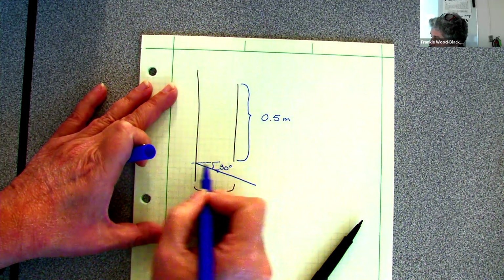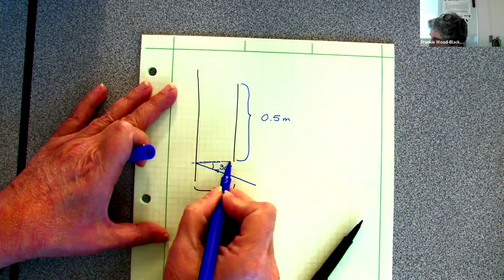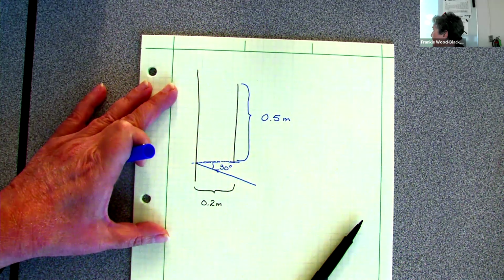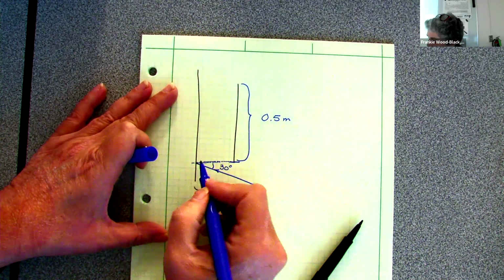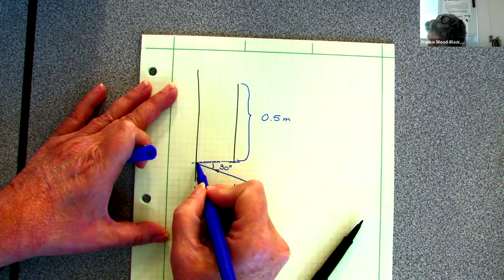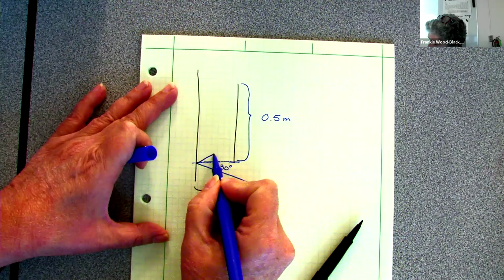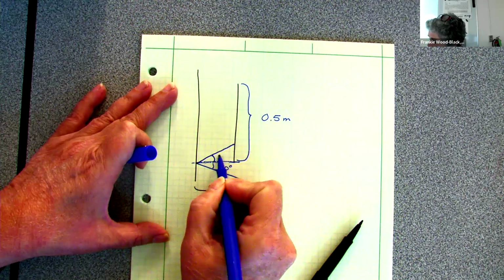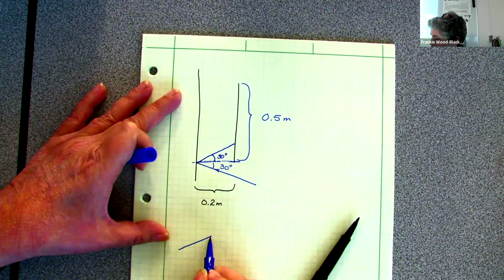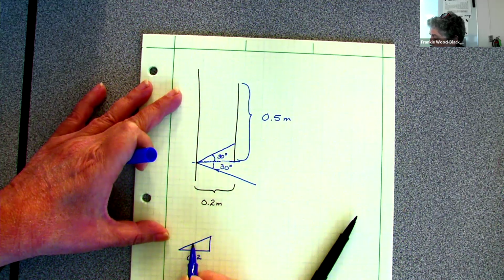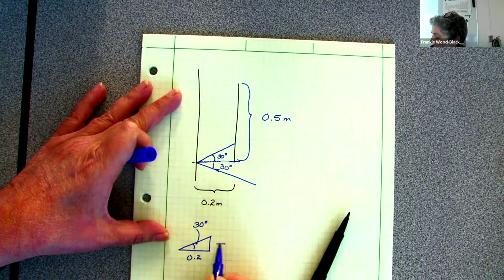So I've got it set up so that this is right in line with that end. The law of reflection is going to say this is 30 degrees. So now I have a triangle where this side is 0.2. We know that that angle is 30 degrees, and we could figure out that side.